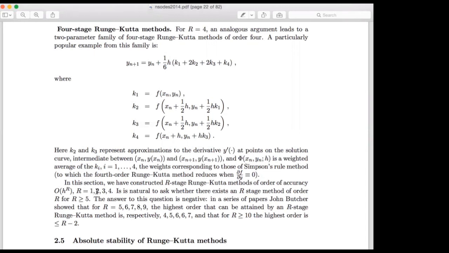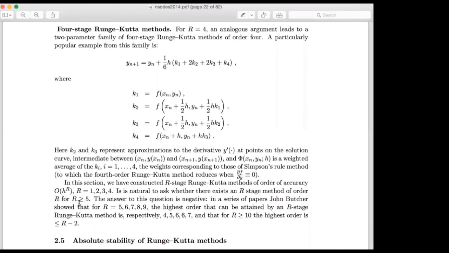In RK2, the number of function evaluations is 2 and the order is 2. In RK3, the number of function evaluations is 3 and the order of convergence is 3. And in RK4, the number of function evaluations is 4 and the order is 4.